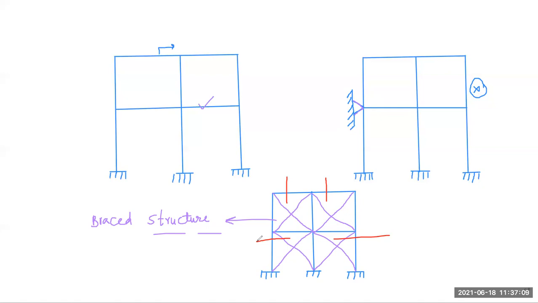A bracing system is one in which this is one beam, this is another beam, this is one column part, this is another column part.